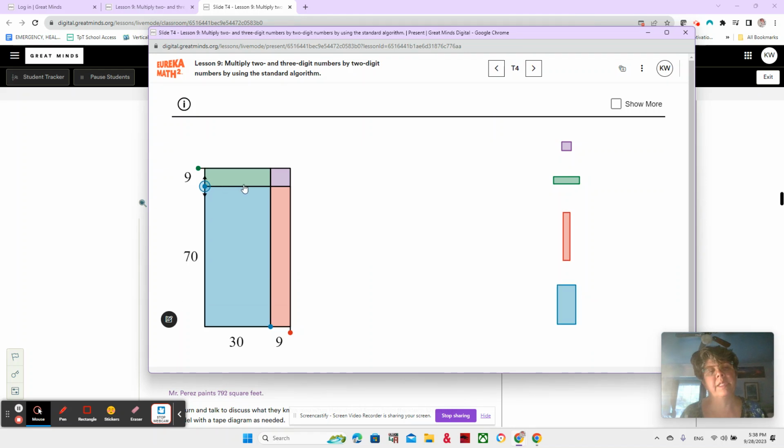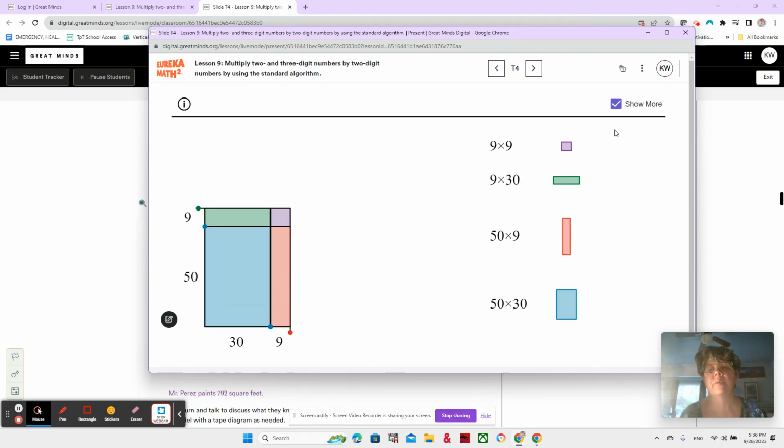So let's do the show more thing. This purple part right here is 9 times 9. So that's kind of showing what I was just talking about. And the green part is 9 times 30, and the red part is 9 times 50.